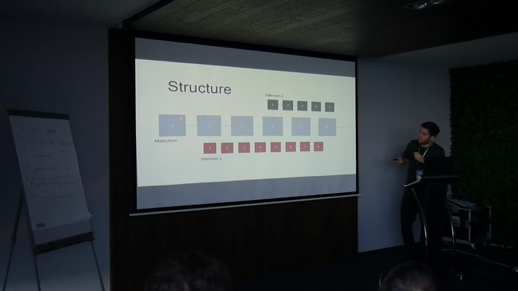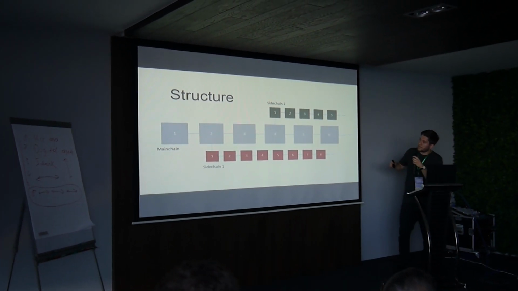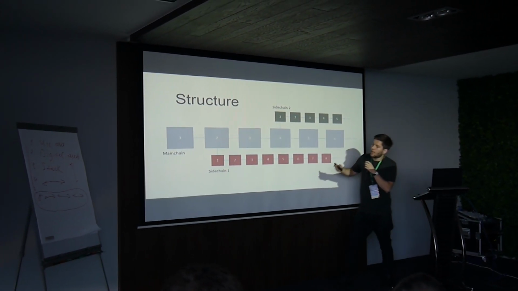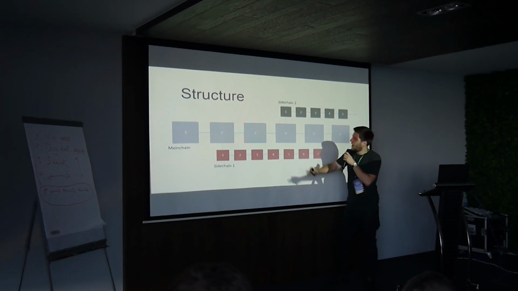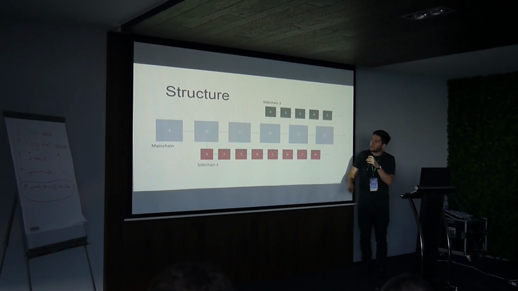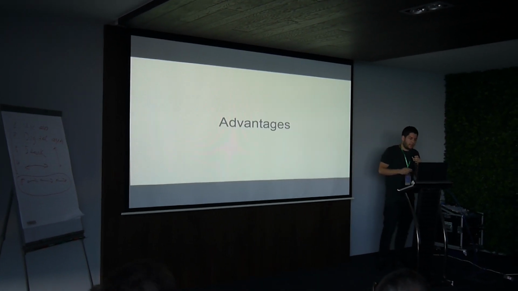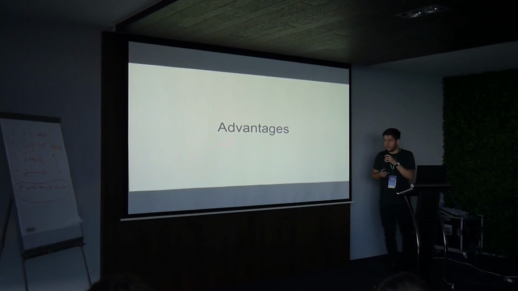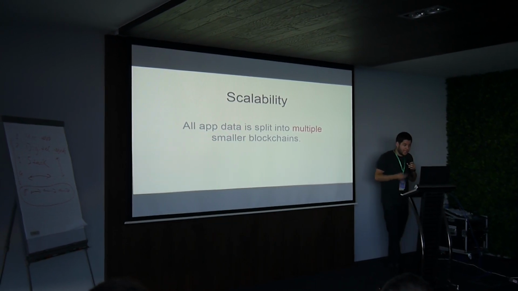So you have here the main chain, and now you can deploy a new sidechain, for example in block 2, and it's running independently of the main chain in the network, and this allows a lot of cool things. It has a lot of advantages. One of them is scalability.